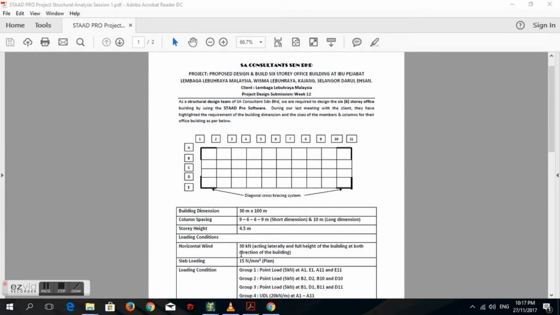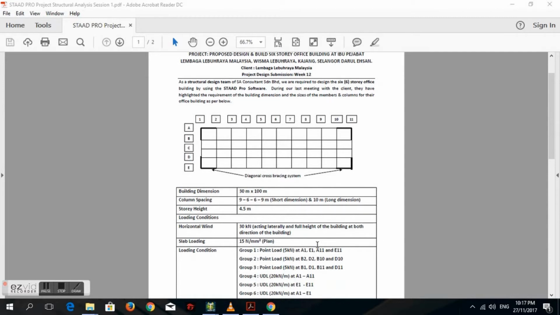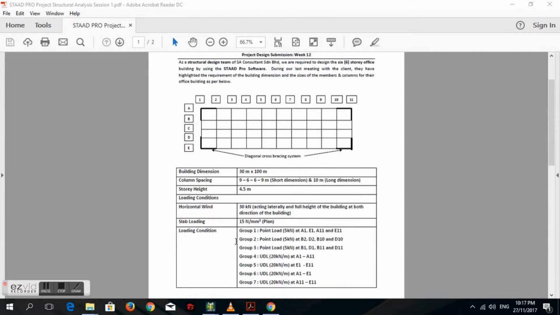The horizontal wind is 30 kN, acting laterally and full height of the building in both directions of the building. The slab loading is 15 Newton per millimeter square. The loading condition is different for each group. For our group, which is group 5, the uniform distributed load given is 20 kN per meter.